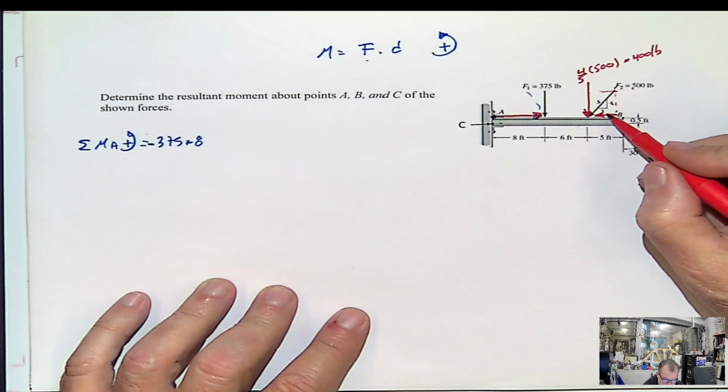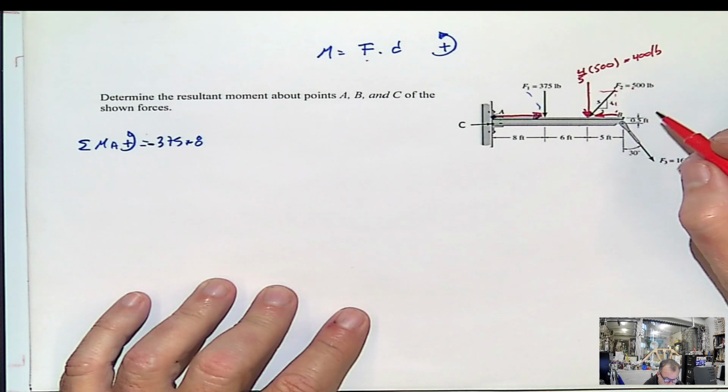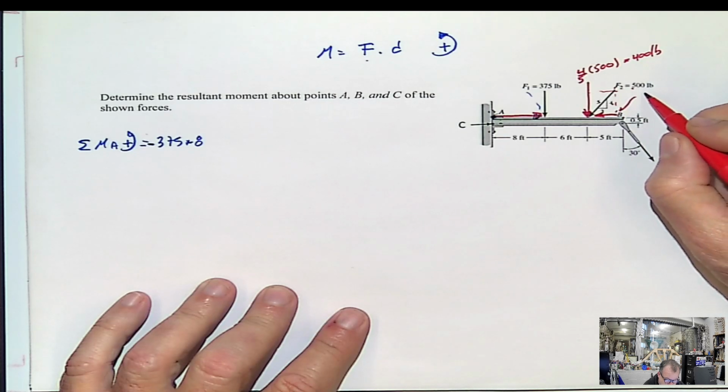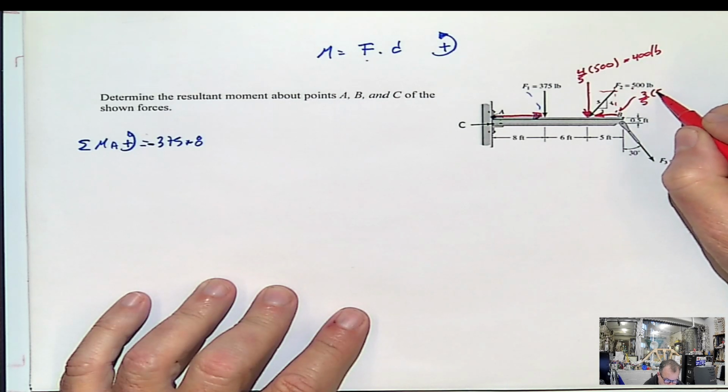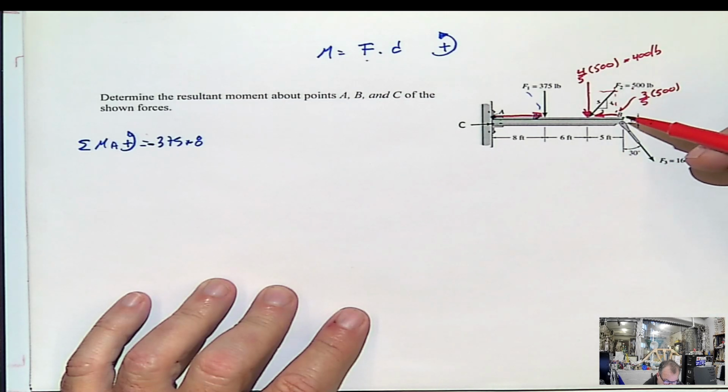And the horizontal one will be 3 over 5 multiplied by 500. Remember, you always go parallel with parallel. And this will be equal to 300 pounds.